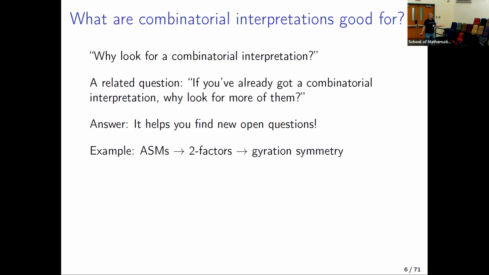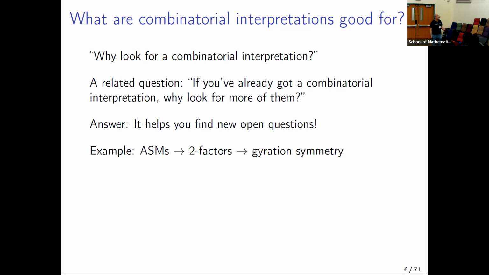Alternating sign matrices. There is a way to turn an alternating sign matrix into a nice combinatorial picture, these osculating paths. But there's another thing you can do that turns them into 2-factors of graphs. It's a trivial transformation that turns the one into the other.